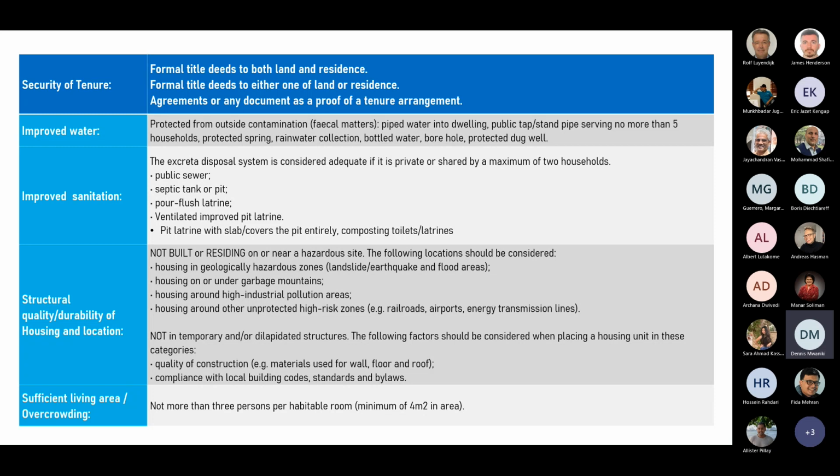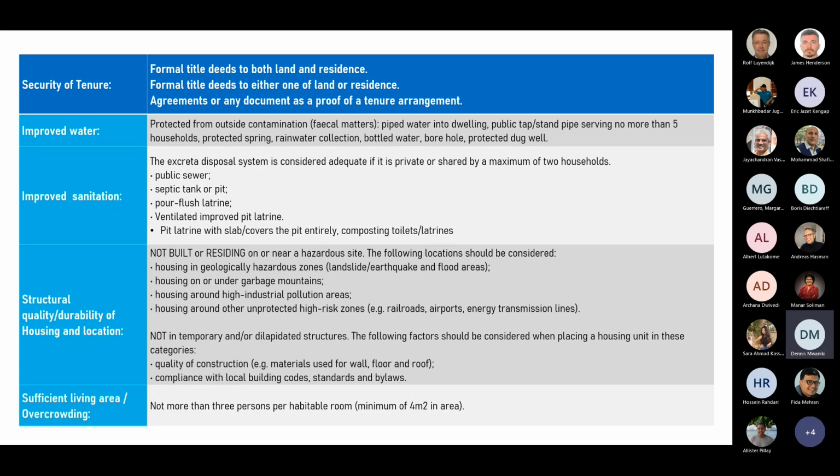But we also consider the documentation for proof of tenancy. So if you have an agreement to live in a house for a certain period and you don't have a lease agreement, then that makes you susceptible to being evicted by your landlord, in this case, if someone is renting the property. So we consider security of tenure as these 2 important components.